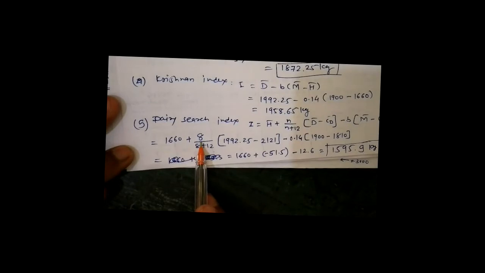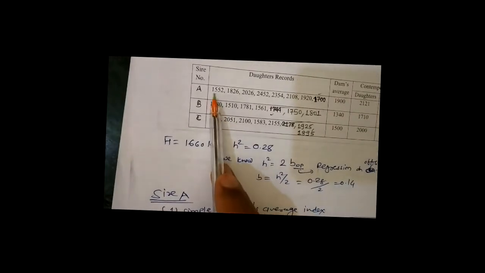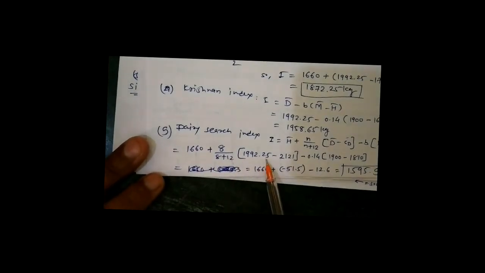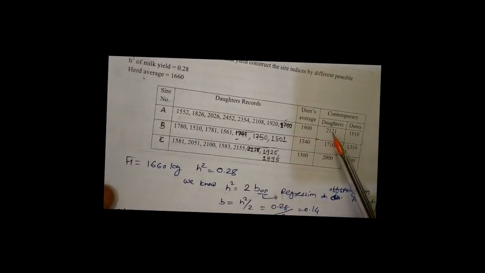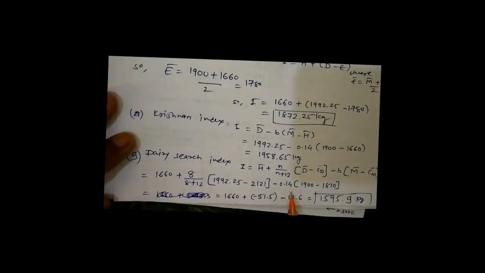And 8, what is 8? It is the number of daughters under that sire. So here it is 1 2 3 4 5 6 7 8, that's why it is 8 divided by 8 plus 12. 1992 is our simple daughter average value, minus CD bar, that is the contemporary daughters' average, which is available as 2121, minus 0.14 into 1900 minus 1810, the contemporary dams' average.